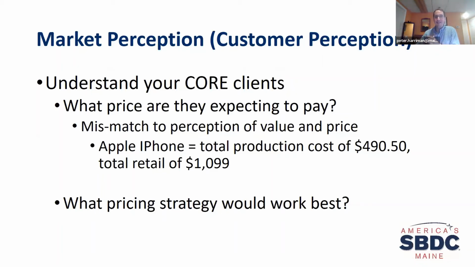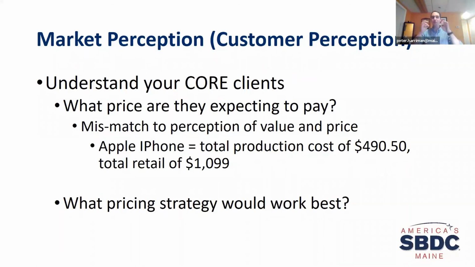For instance, the Apple iPhone has a total production cost of $490. That's all it cost Apple to make, market, and ship, right? But they're retailing it for $1,099. If they were to sell it at $500, people probably wouldn't buy it because they're expecting Apple products to be higher.